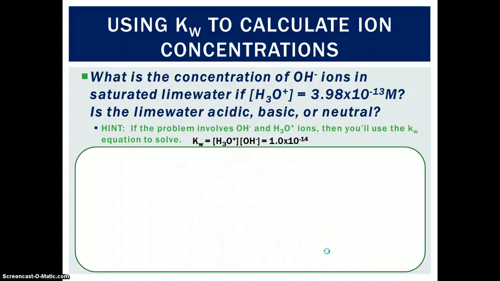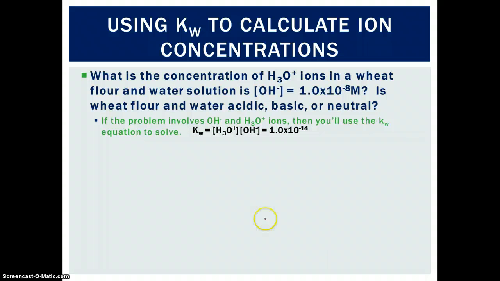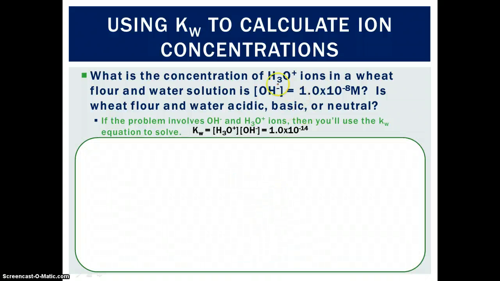Let's do it one more time. You want to know what the hydronium ion concentration is given the hydroxide ion concentration. Again, 1 times 10 to the negative 14th equals the hydronium ion concentration, which is what I'm looking for, times the hydroxide ion concentration, which is given as 1 times 10 to the negative 8th.